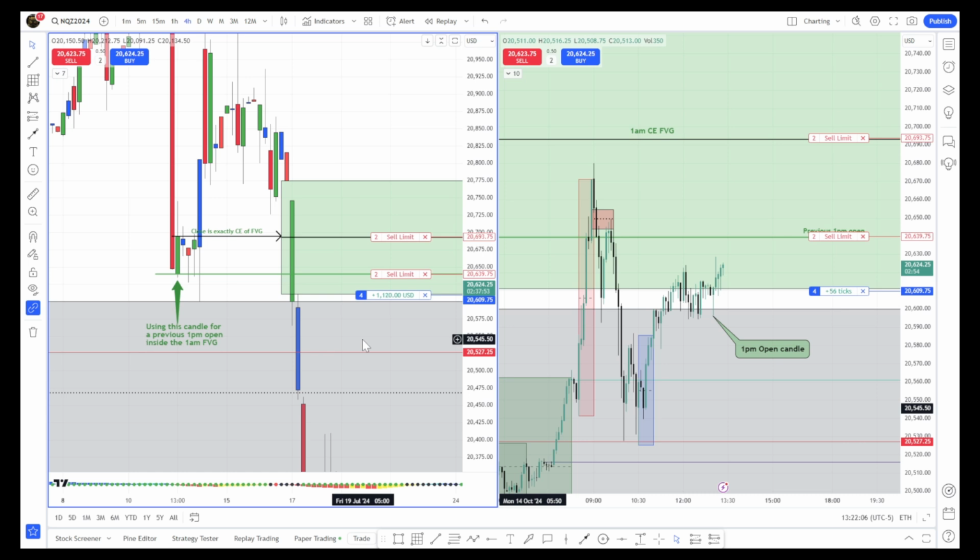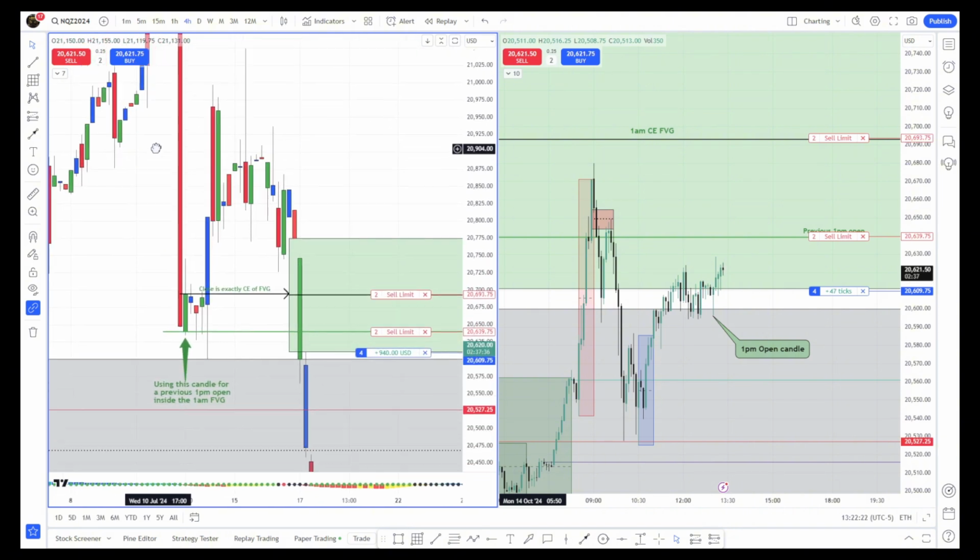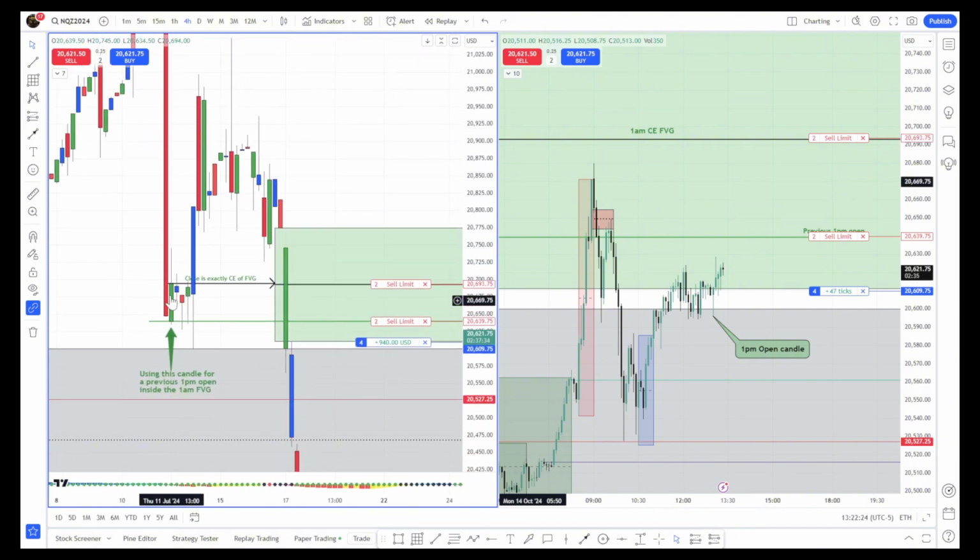So when we're looking at these candles and times, here we have this huge move down, and then we have this beginning back up where nothing closes below this open.